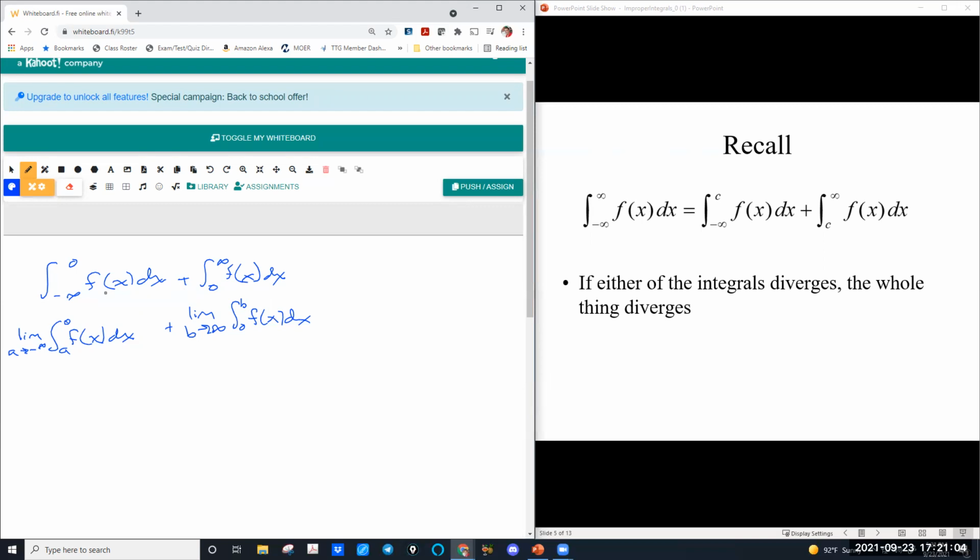You already know the whole thing is divergent. But if the first one converges, you need to check the second one to see what it does. So if you get one where both limits are infinite, you have to check two separate improper integrals, and either both have to converge for convergence, or if one of them diverges, the whole thing diverges.